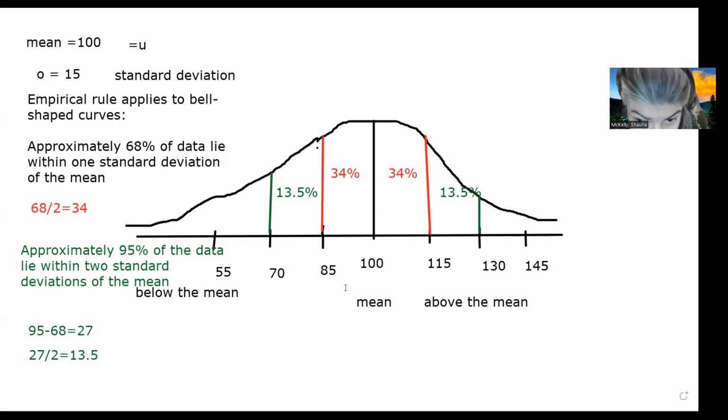Now, if you take those 4 areas, we now have accounted for 95% of the data, but we still have a couple of sections here, all right? So we're going to deal with one more piece of the empirical rule.